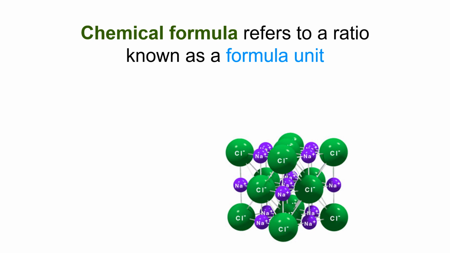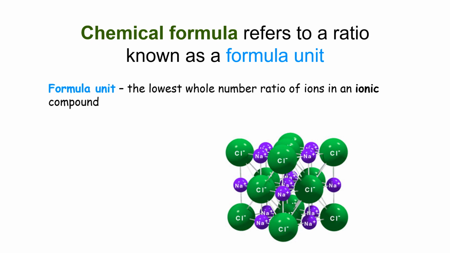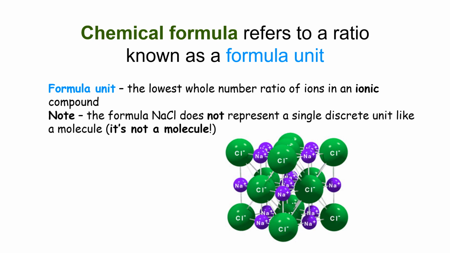So chemical formula is also known as the formula unit because it's like the lowest ratio between the different atoms that we have in that compound. It does not represent only one molecule or only one compound. For example, when we talk about NaCl in this formula, we are only saying that we have 1 sodium and 1 chlorine.